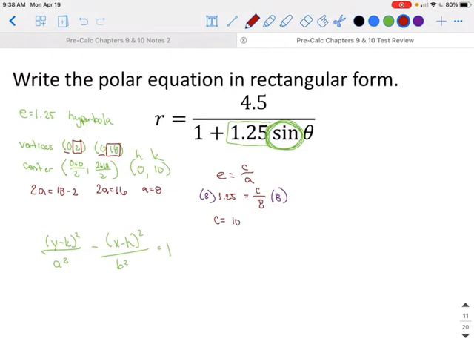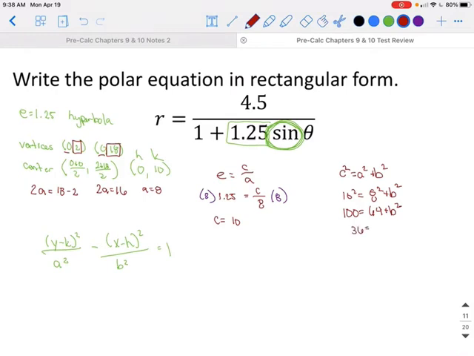Now, we do have two different equations, one for an ellipse, one for a hyperbola, but to find the b value when we're dealing with a hyperbola, c squared is equal to a squared plus b squared. Remember, for an ellipse, it's going to be c squared is equal to a squared minus b squared. But we can do 10 squared is equal to 8 squared plus b squared, or 100 is equal to 64 plus b squared.